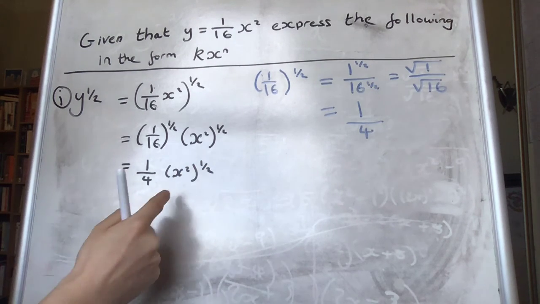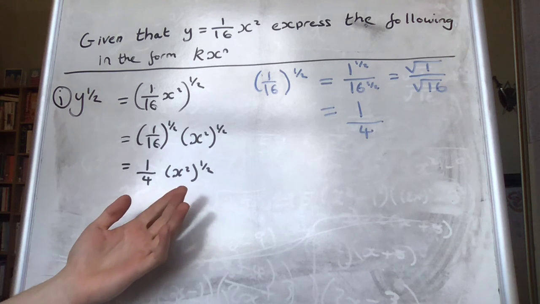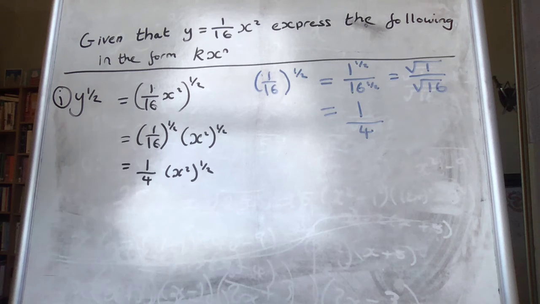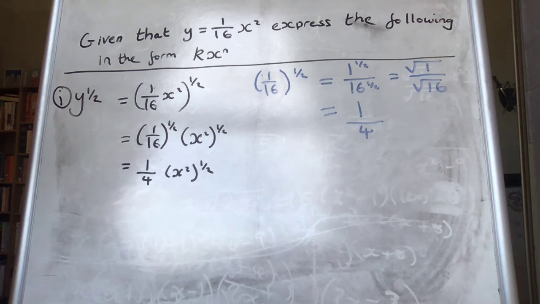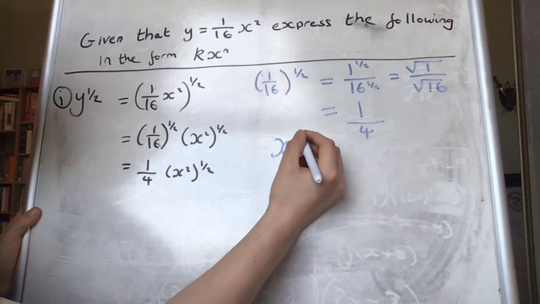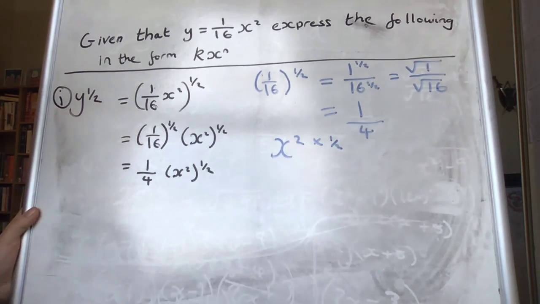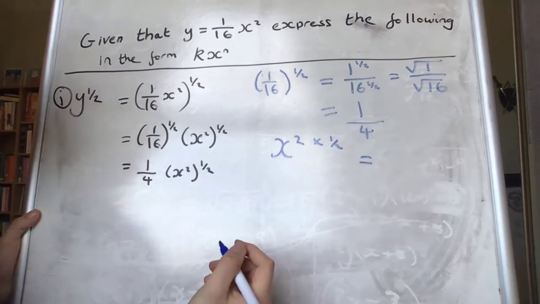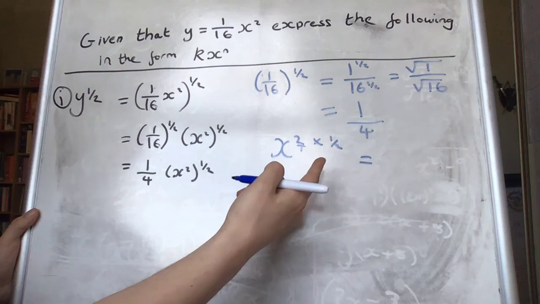So now let's deal with the second aspect here. And we saw earlier that when we have a number raised to a certain power inside a bracket, which is then raised to another power, we have to multiply these together. So we know that x squared would have to be multiplied by a half. And that is the same as 2 over 1 times 1 over 2.